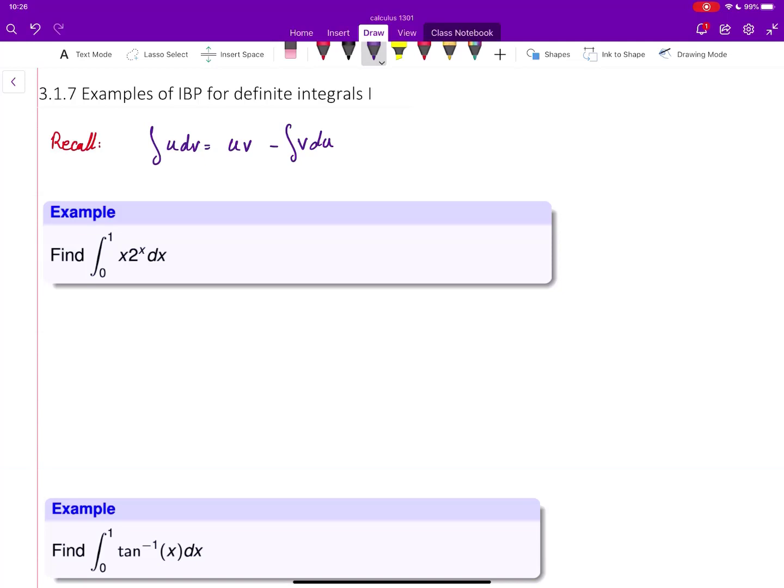This was for indefinite integrals. When you have a definite integral on the left hand side, the right hand side must be a number as well, and the number you need to have is this.